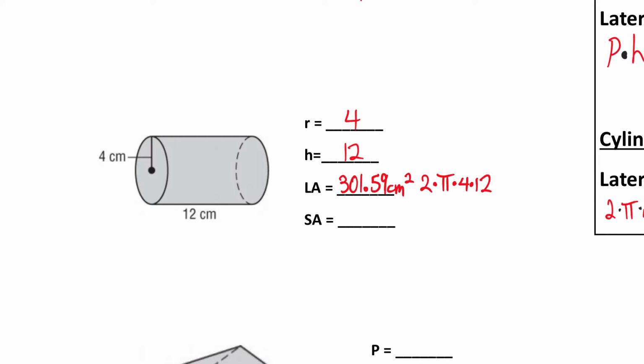Alrighty, and then for total is 2 pi RH plus 2 pi R squared.